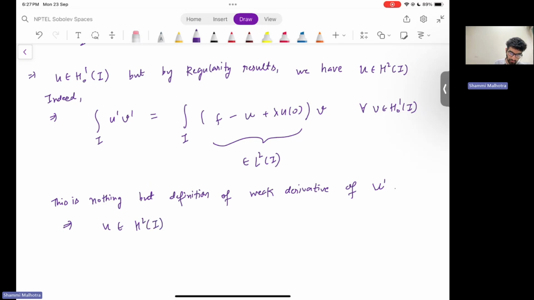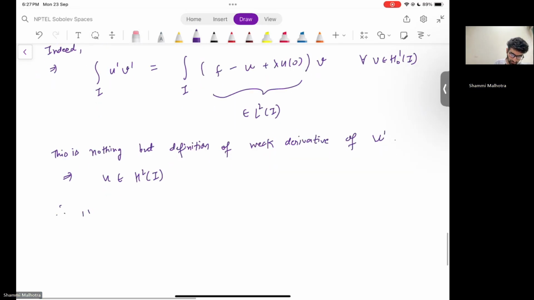Once that is there, we have u to be in the H_0^1(I) intersection H2(I).